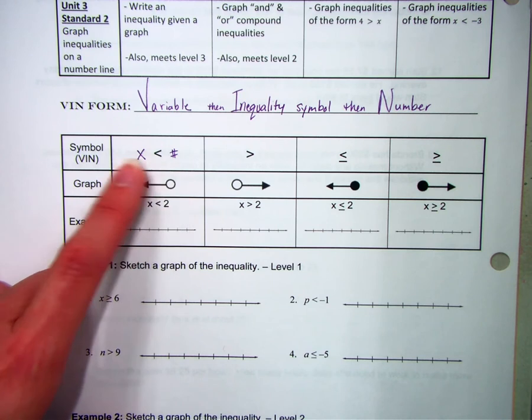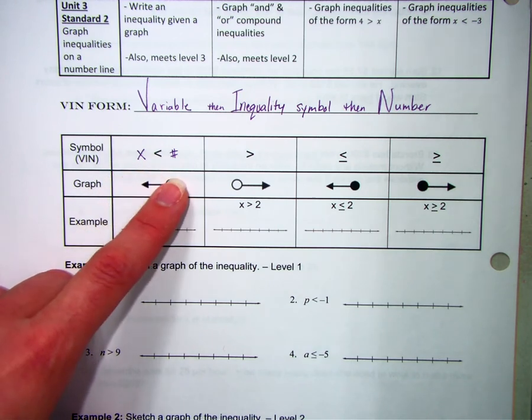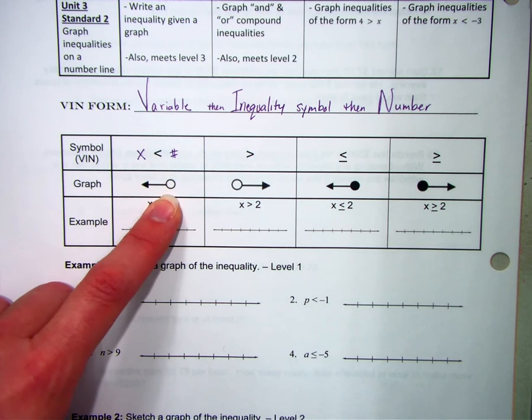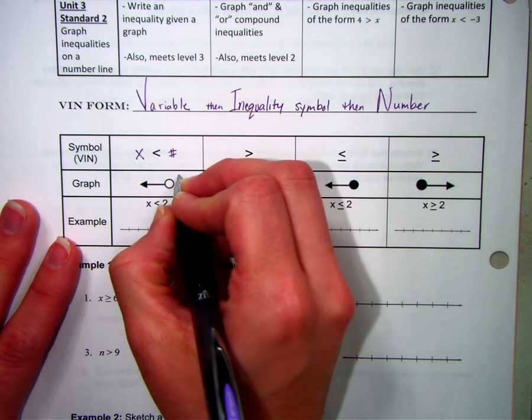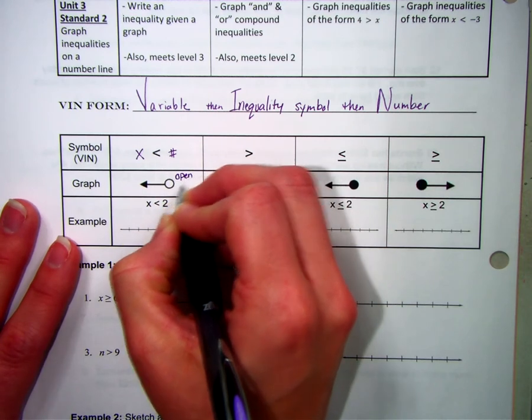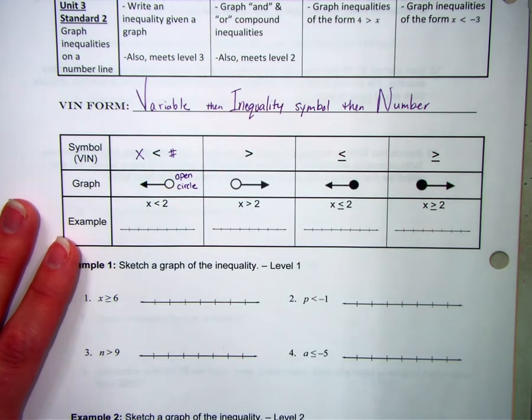Is the number 5 less than 5? Does that work? No, it doesn't. So what you'll notice is the circle on this one is open. This open circle shows that that number does not count as an answer.